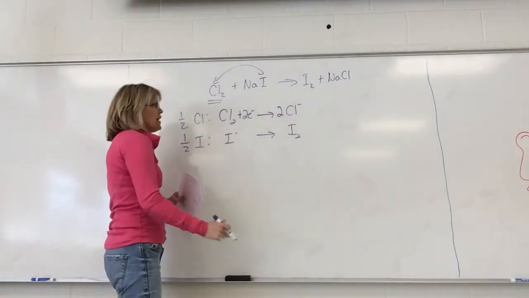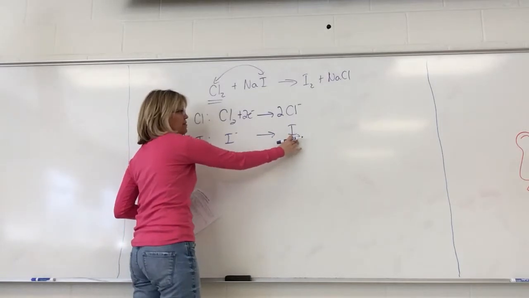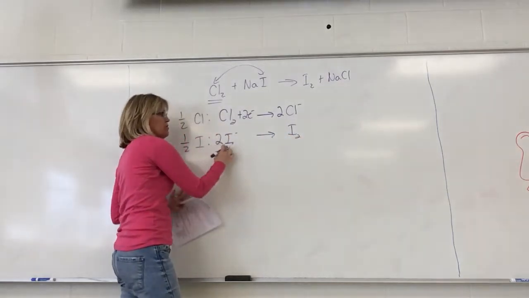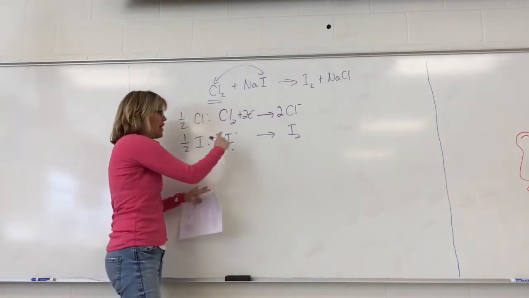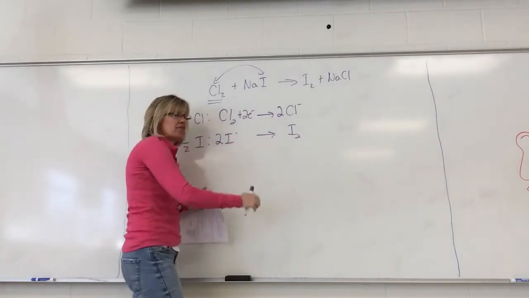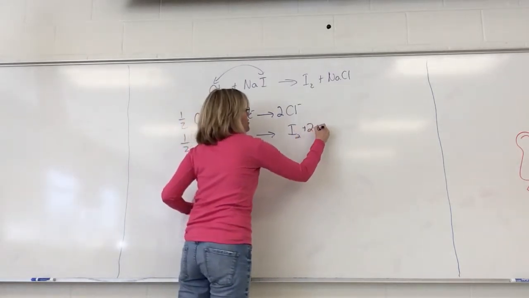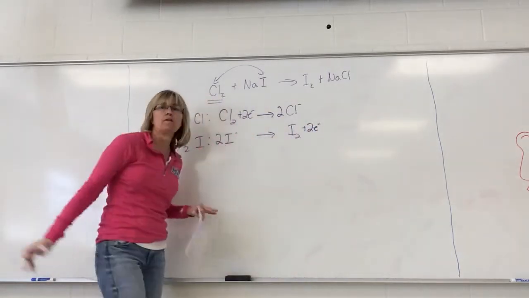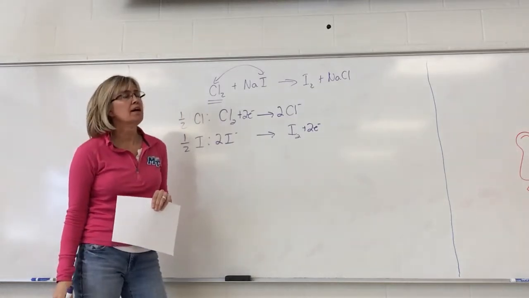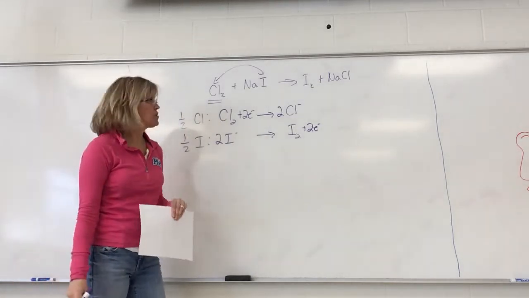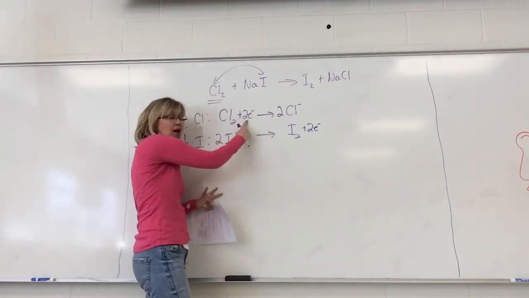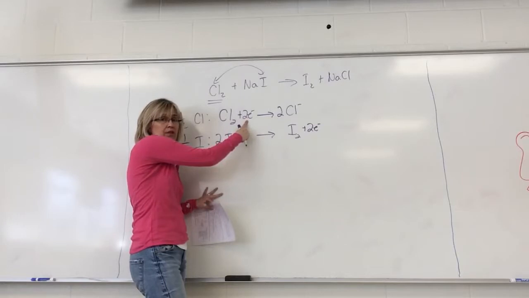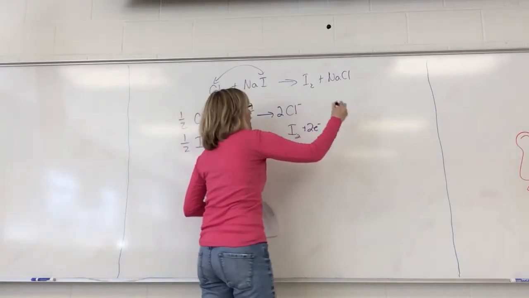Now let's do the same thing for this. We need to balance the mass first. I balanced the mass with 2 iodines, 2 iodines. This side has a -2, this side has a 0, so I can add 2 electrons over here and make this one balance. Now it's which is oxidized and which is reduced. Well, the chlorine is reduced because it gained 2 electrons. Reduction is gain, which really makes sense.